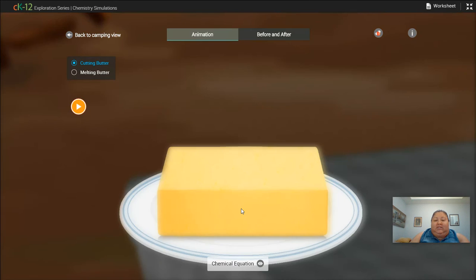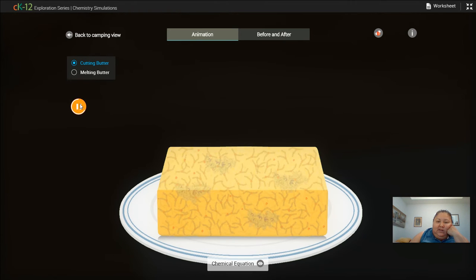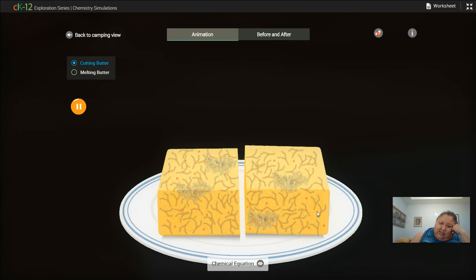What about this one? Somebody said it's cheese, miss. Click on the cheese. And I was like, no, it's butter. So you can see your polysaccharides inside the butter and it gets cut in this case. And that makes physical changes.